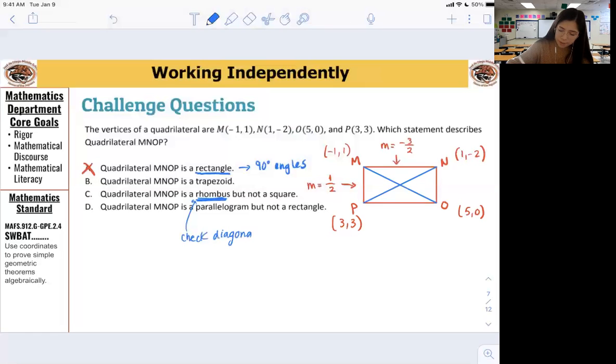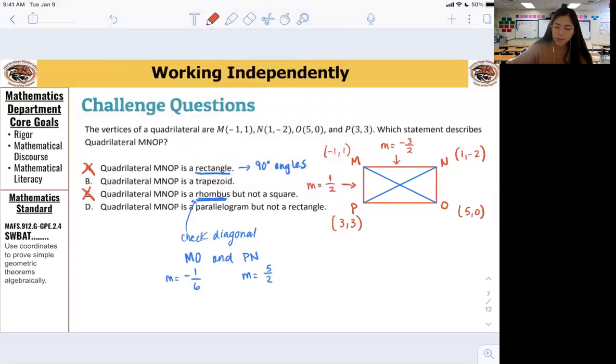What did you guys get for MO and PN? For MO, I got -1 over 6. PN is 5 over 2. Are those perpendicular? Definitely not. So we also know it's not a rhombus.